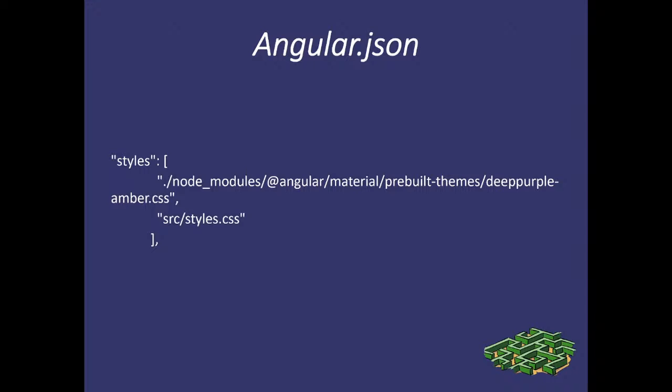Now, for those of us who grew up in the 70s, deep purple was the only viable option to choose among the built-in themes. But if you don't understand that, then you need to listen to more music. In any case, the next thing after the theme is that styles.css that we just saw on the last one. So it's going to apply the theme, and then it's going to apply our specific things after that.